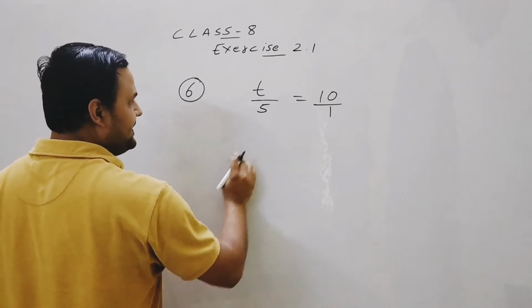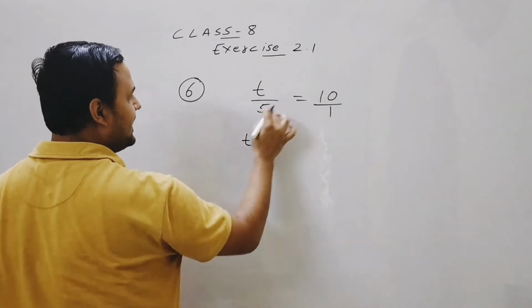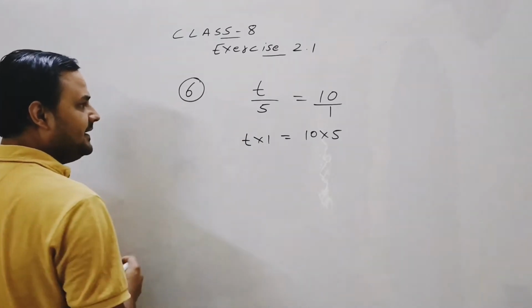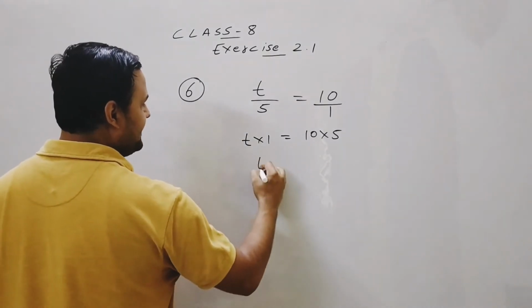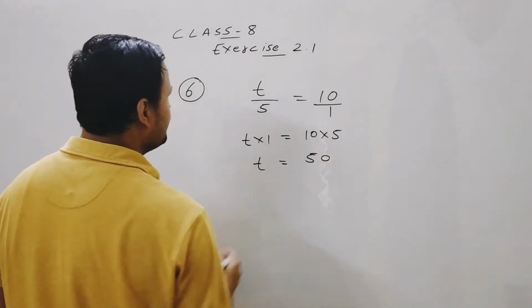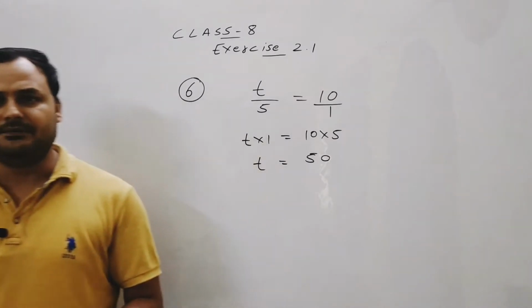Cross multiplication means t into 1 equal 10 into 5. Any number multiplied with 1 is the number itself. So t into 1 is equal to t and 10 into 5 is equal to 50. So for question number 6, the value of t equal 50.